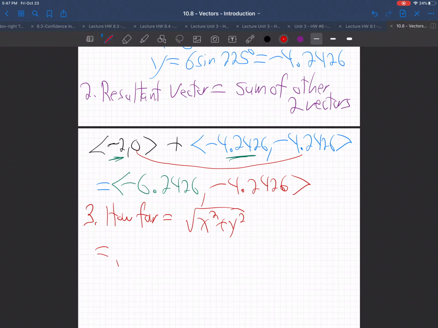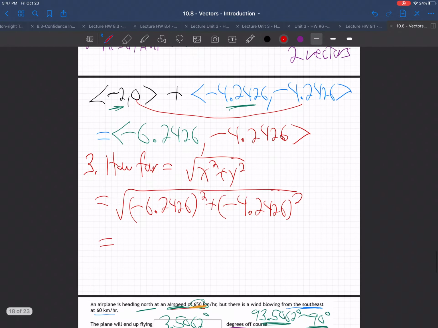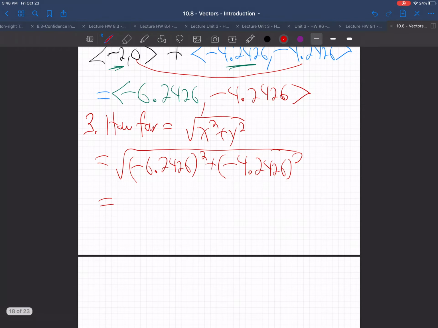So that will be the square root of the negative 6.2426 squared plus y squared, negative 4.2426 squared equals, all right, whatever my calculator says it equals.